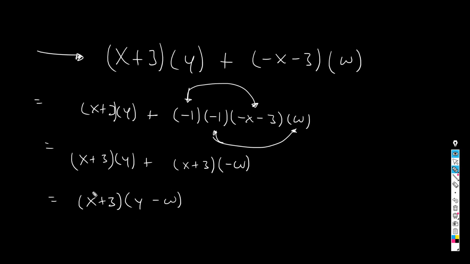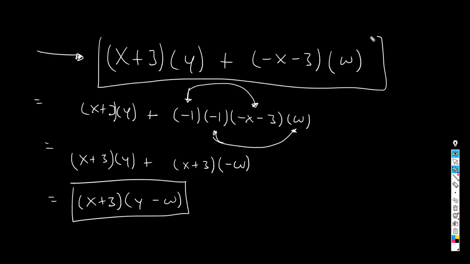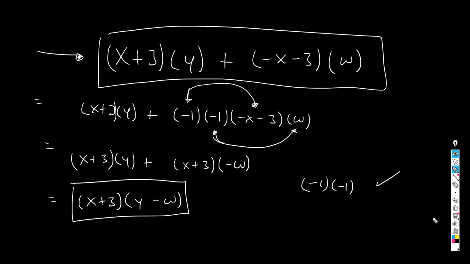And I'm done, guys. This is the factorization of the original expression that at first sight looked like it had no common factor between this term and this term. So double multiplication by minus 1 is always a good technique. Okay, guys, so I think that's it from me, and you can begin working on the exercises. Thank you.